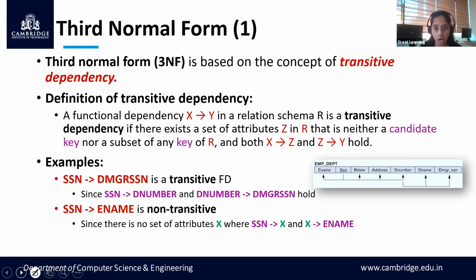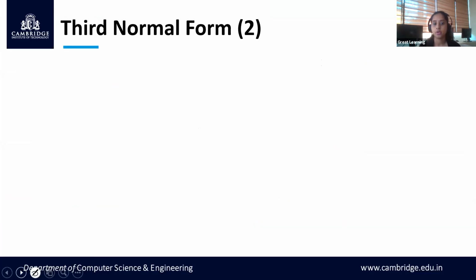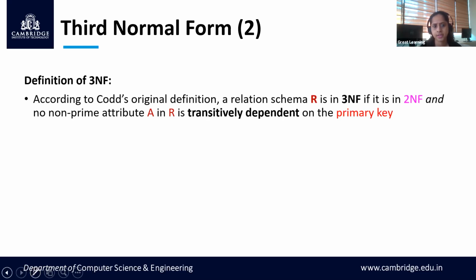Here we have still not got the definition of third normal form. Third normal form is based on transitive dependency, while second normal form is based on fully functional dependency. Now, what is the third normal form? Very simple: there should not be a transitive dependency. Definition of third normal form, according to Codd, the original definition: a relational schema R is in 3NF if it is in 2NF.